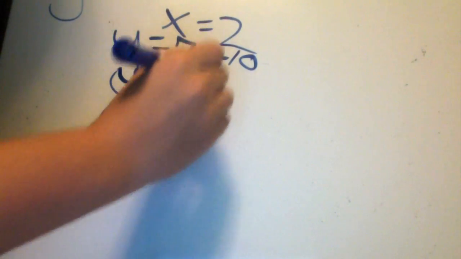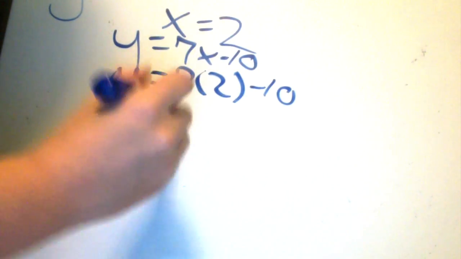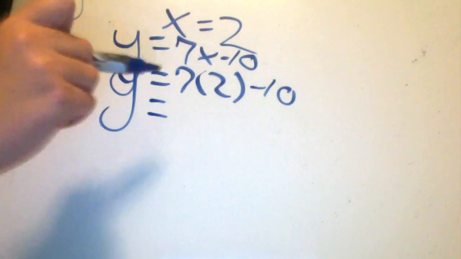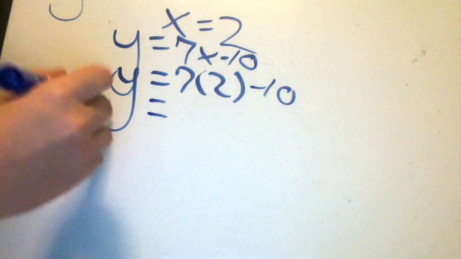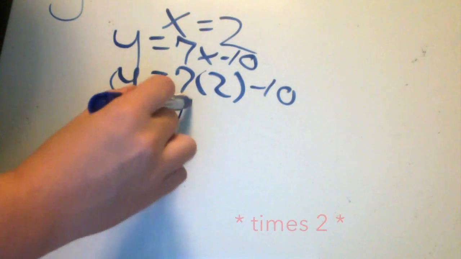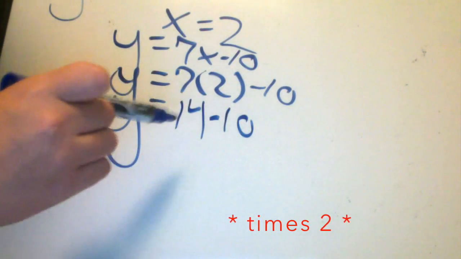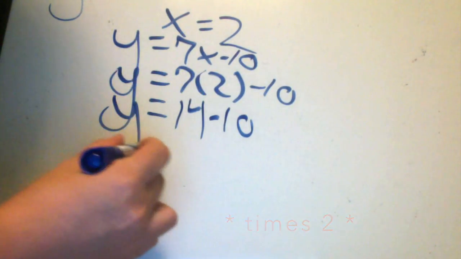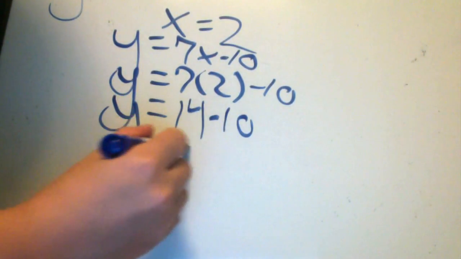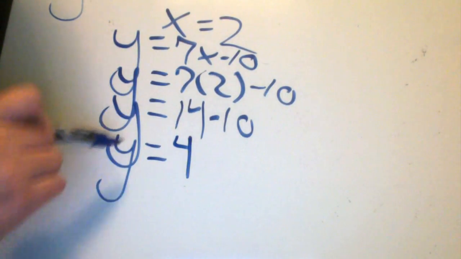We put the 2 in brackets to represent multiplication, because, as said before, 7x just means 7 times the unknown value that is x. So 7 times 2 equals 14. Then we rewrite the situation as y equals 14 minus 10. And then we calculate the math as we usually would. 14 minus 10 equals 4. y equals 4.